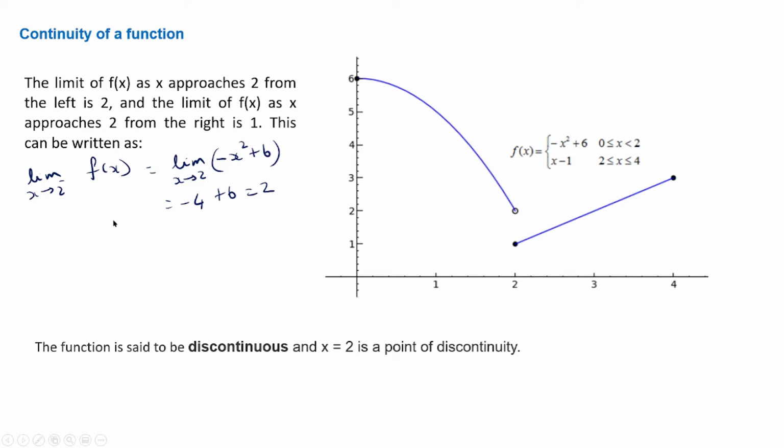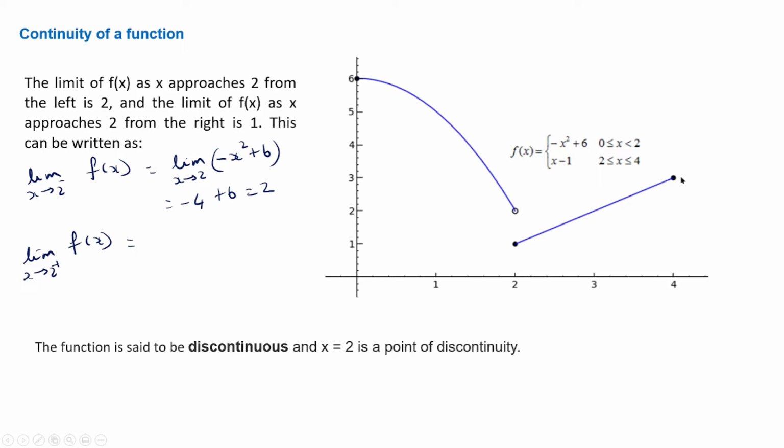So this limit is called the left hand limit of f of x at 2, and we can see that the left hand limit of f of x is 2. Now the limit of f of x as x approaches 2 from right, we write as limit x tends to 2 plus f of x, which is called the right hand limit of f of x at 2.